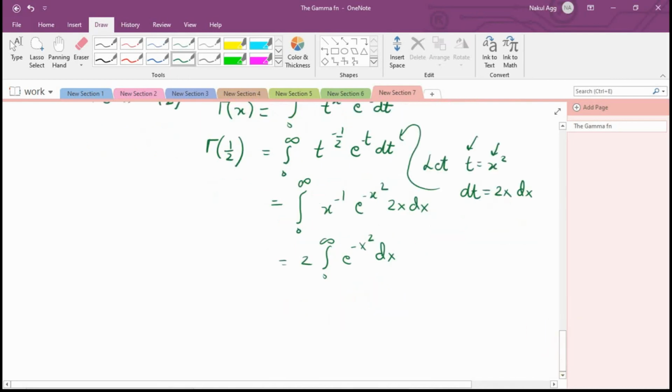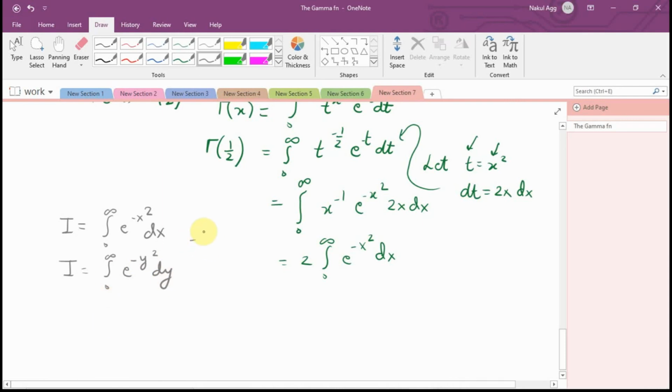Now we have to find out the value of this integral, I, equal to 0 to infinity e raised to power minus x square dx. But I is still invariant if we replace x with y, we will have the same value for I.